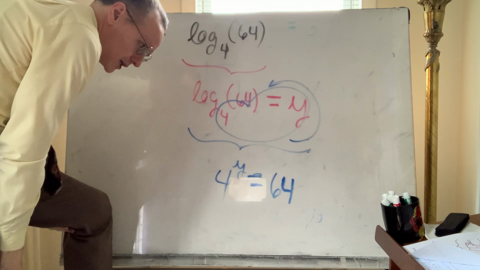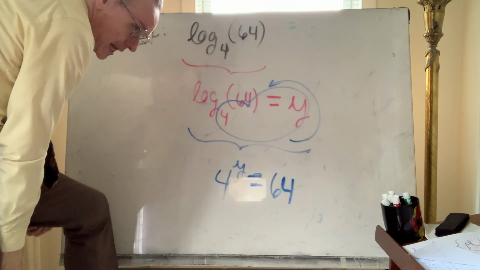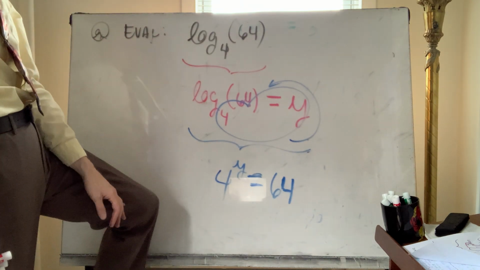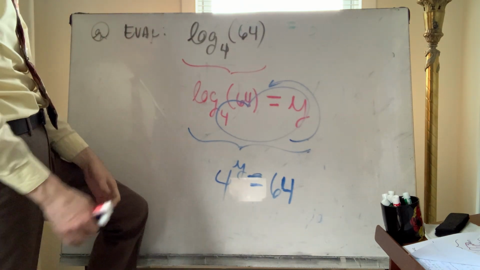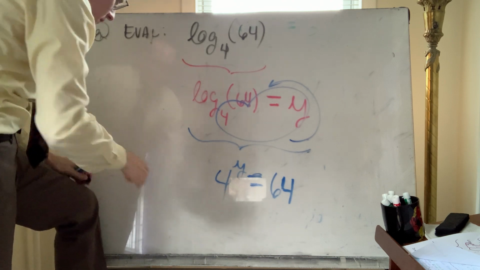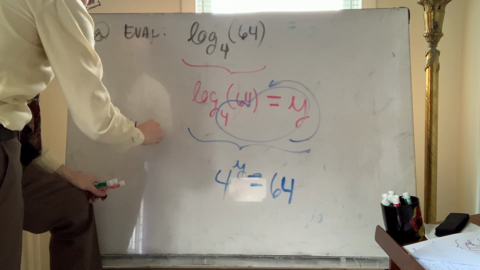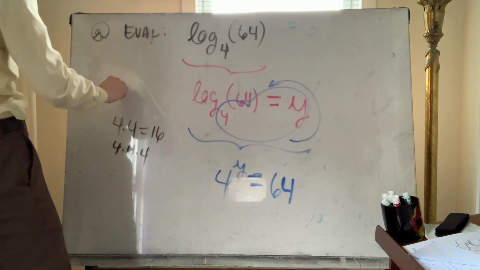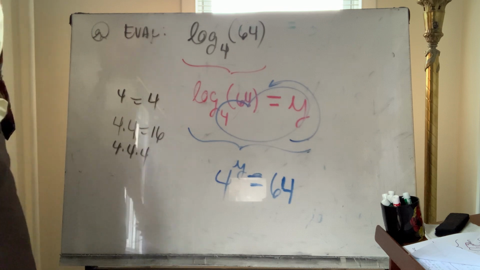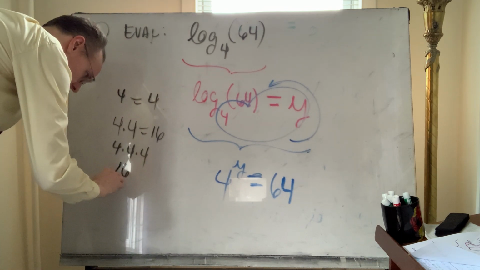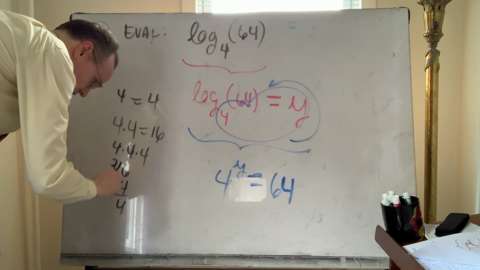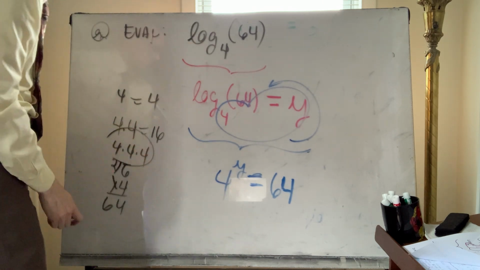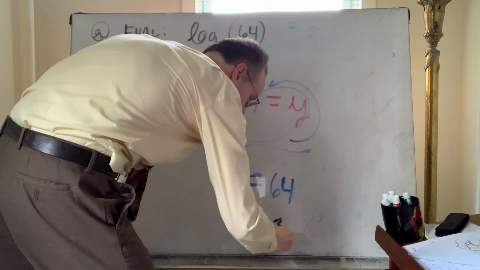If you know your multiplication tables at least up to 10, you know that 40 is what 4 times 10 would be. 4 times 4 is 16. 4 times 4 times 4 is what? 16 times 4, which is 64. There you go. So 4 cubed, right? Y would have to equal 3.